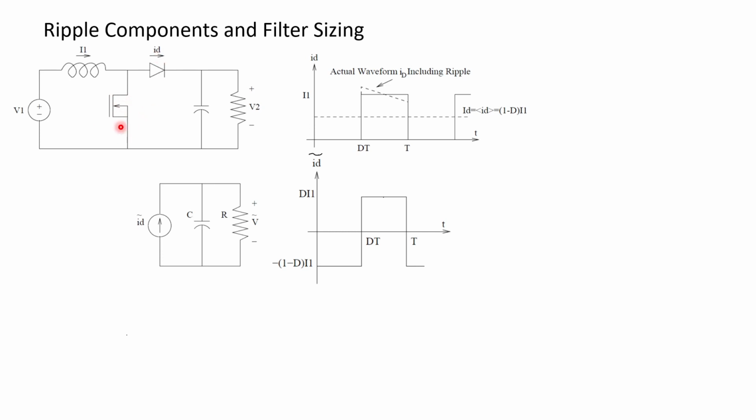And when the MOSFET is switched off, current I1 fully flows through the diode. So you have I1 here. The actual waveform of ID is actually like this, because inductance is not infinite, right? But anyway, we approximate like this, and it just repeats over the period T.